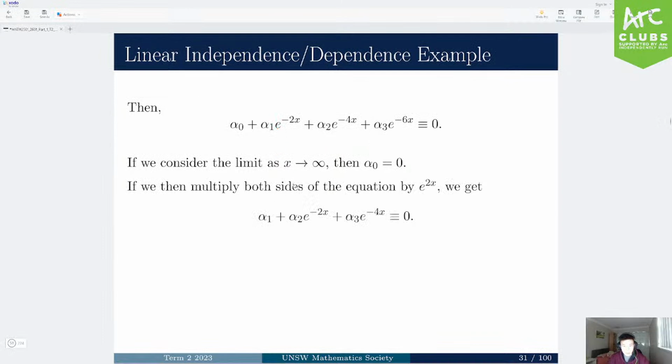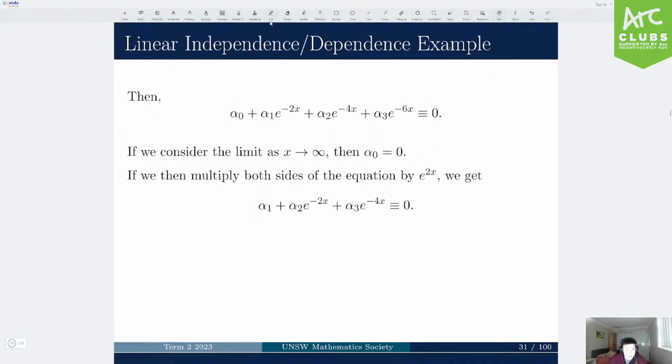If we then multiply both sides of this equation by e to the 2x, we know that alpha 0 is already 0, so this term goes away, and we get this equation here. Again, this equation must be the zero function itself. We do the same thing where we take the limit of both sides as x goes to infinity.